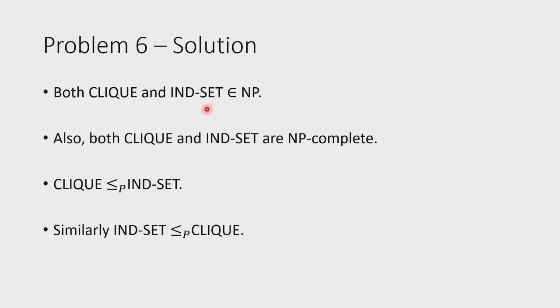Getting the independent set is like computing the clique of the inverse graph. So both of these languages are in NP, and both are also NP-complete. These are known facts. Is this fine?